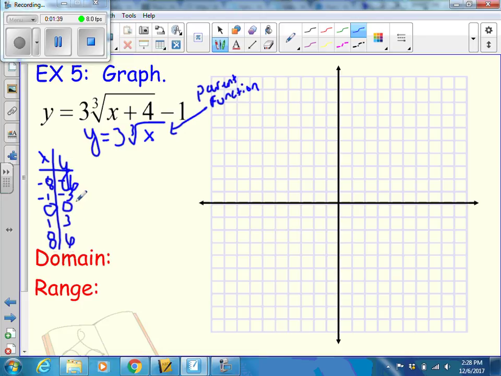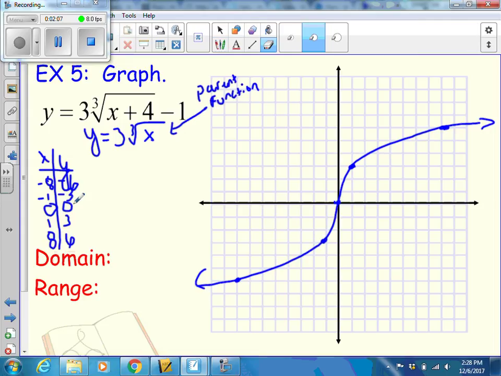Now what we do is we plug these values into our function. And as you can see, I connected it with our line.